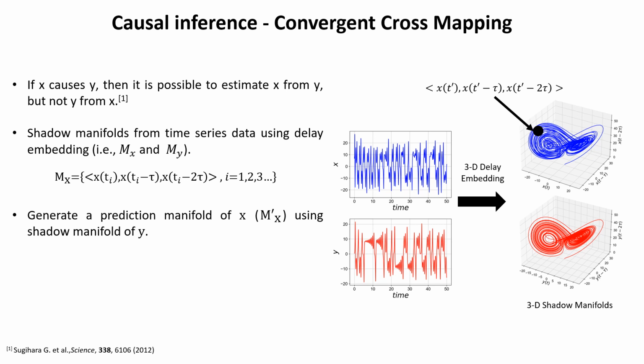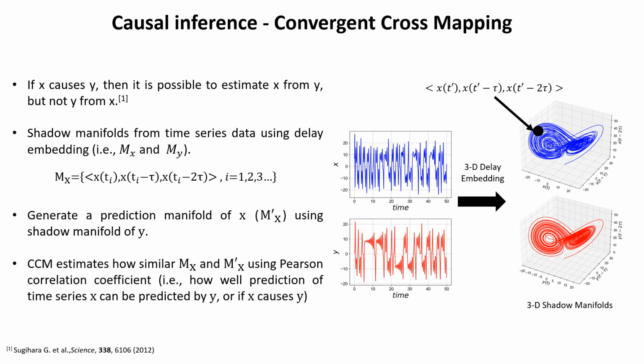So we are trying to see how similar the predicted x manifold and the original x manifold are. If they are similar, that means we can predict time series x using time series y, or in other words, we can say that x causes y.